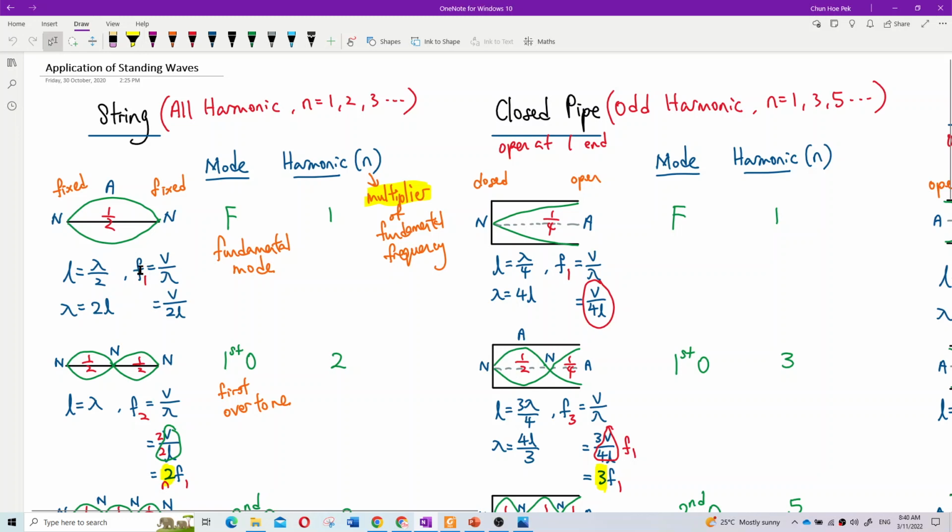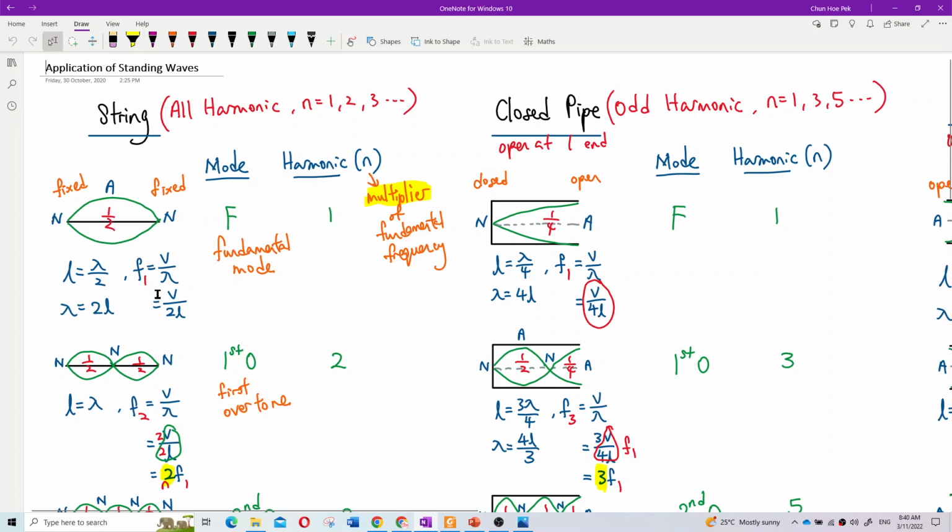And then to find f, it is V over lambda. And lambda just now you got 2L, right? Because lambda equals 2L. So V over 2L is the formula for f, for the frequency of vibration of this string.